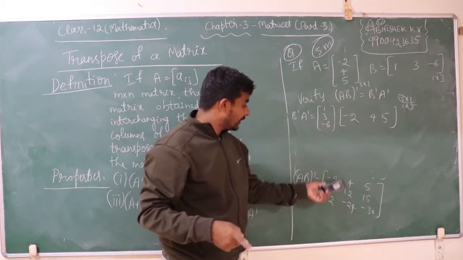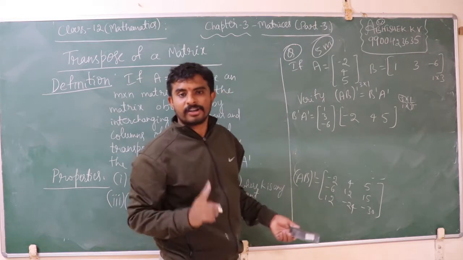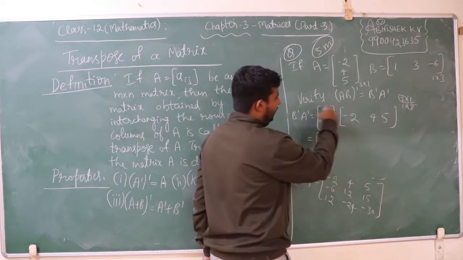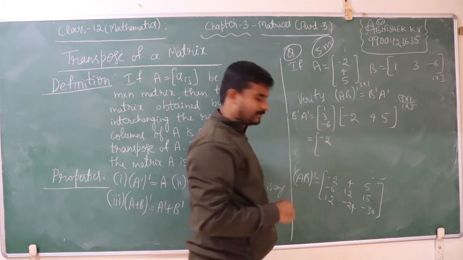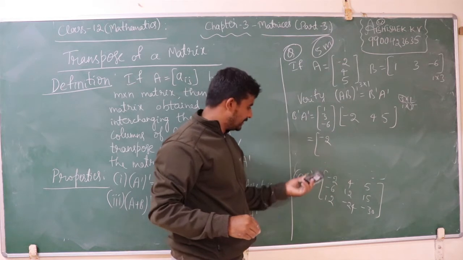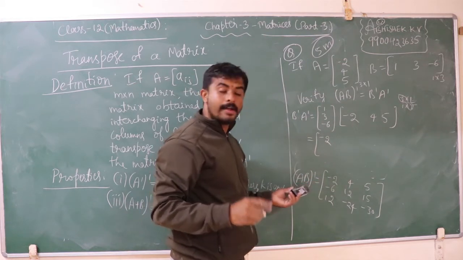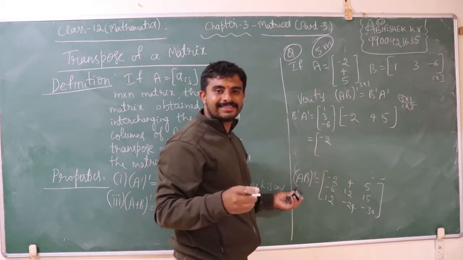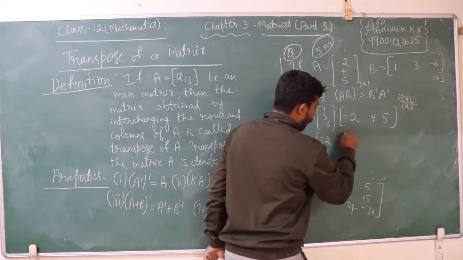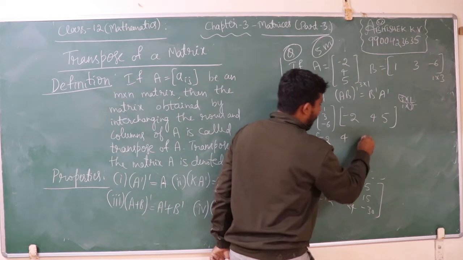But we should check whether the corresponding elements are the same or not. See, first row, first column: 1 into -2, -2. The first row, first column element of matrix B dash into A dash is equal to the first row, first column element of transpose of matrix AB. 1 into 4, 4. 1 into 5, 5.